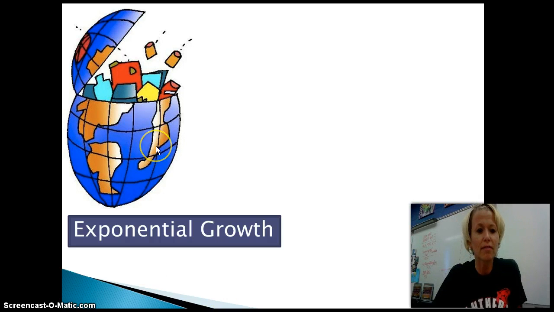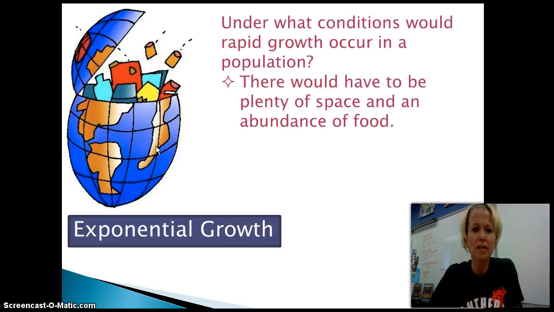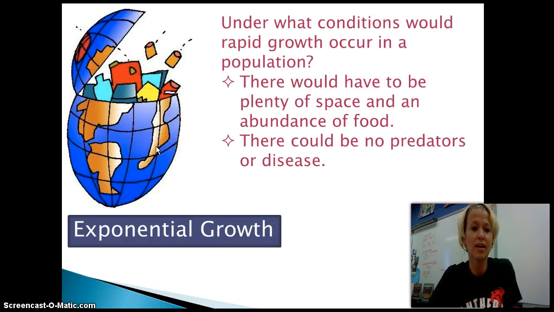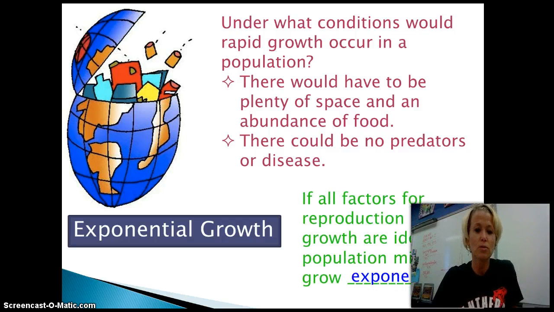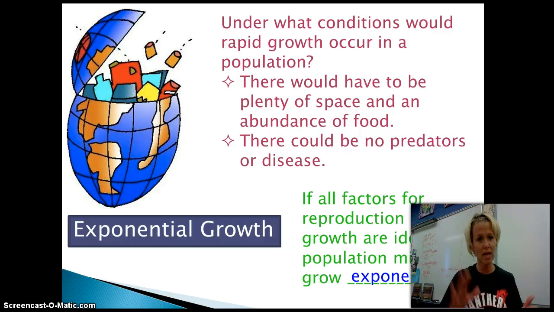So anyways, we left off at exponential growth. We were talking about the conditions that are necessary for a population to grow exponentially. So what we need is you have to have enough space, you have to have enough food, you have to have very few or no predators, and you have to have lack of disease.